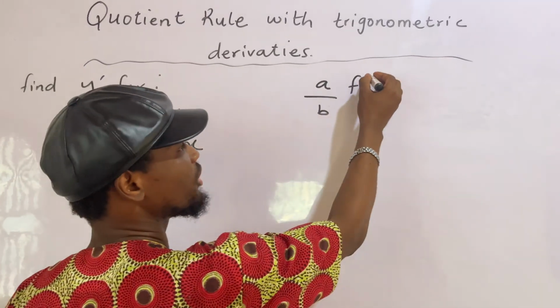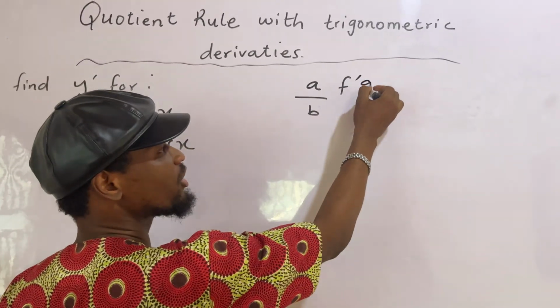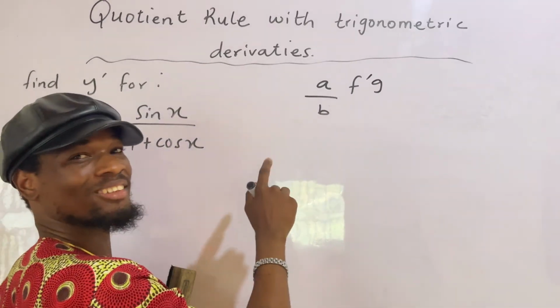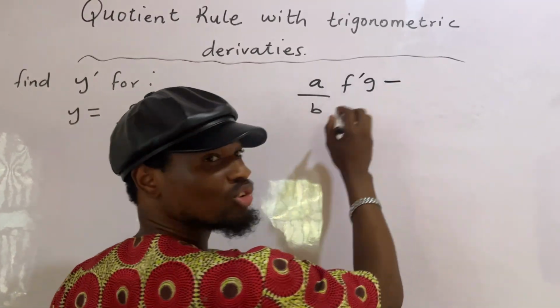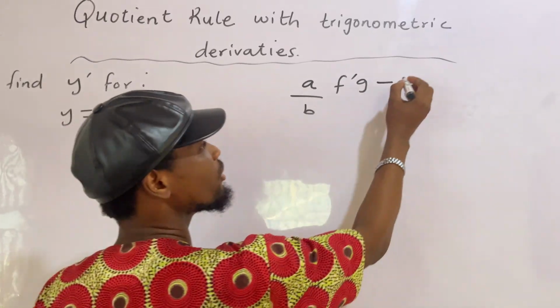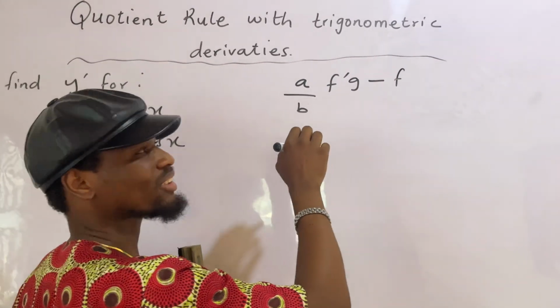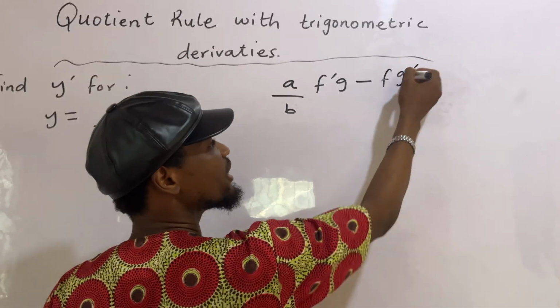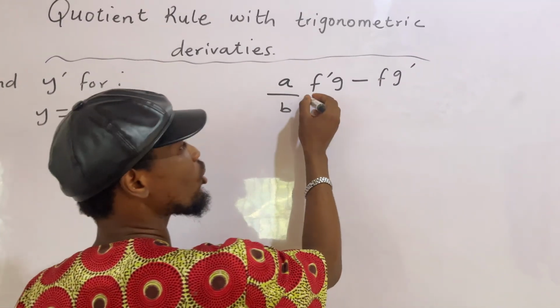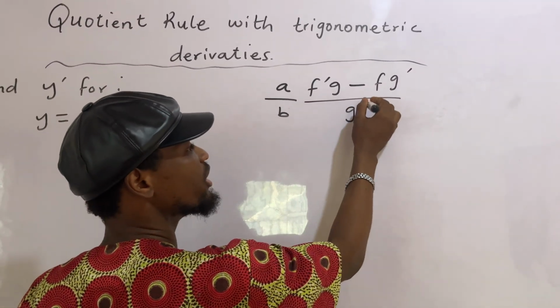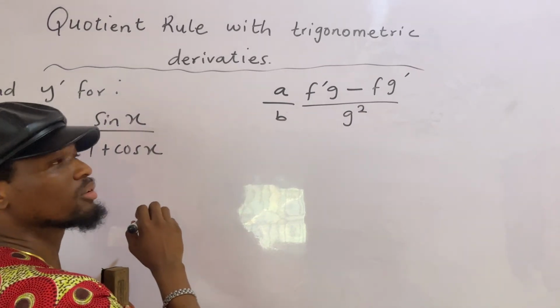You differentiate the numerator and keep the denominator constant, then minus, you keep the first function constant and differentiate the denominator, then all over the denominator squared. You get it that way?